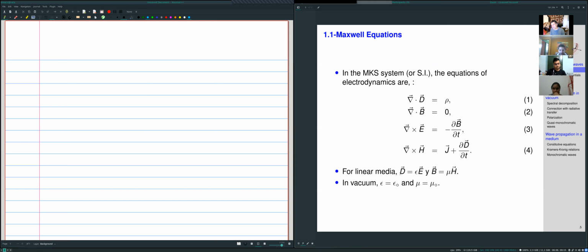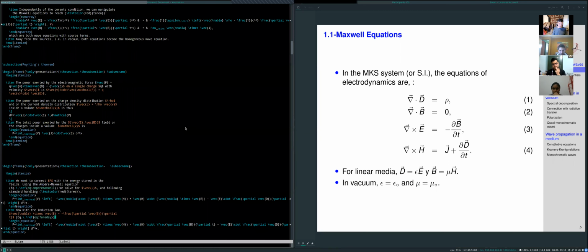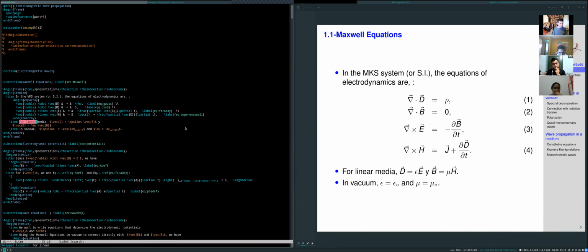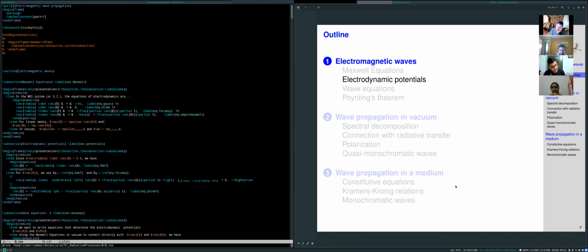It's common to relate D and E with this relationship. From memory, I think these are called constitutive relationships. Let me fix the typo back here. And so in vacuum, these constants are just the electric permittivity of vacuum and the magnetic permeability of vacuum.